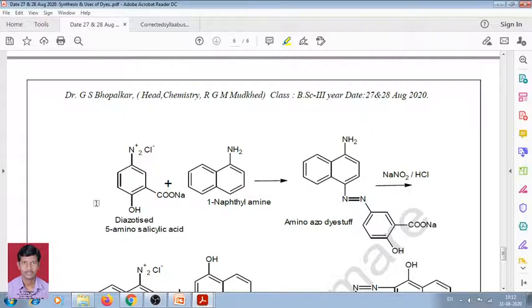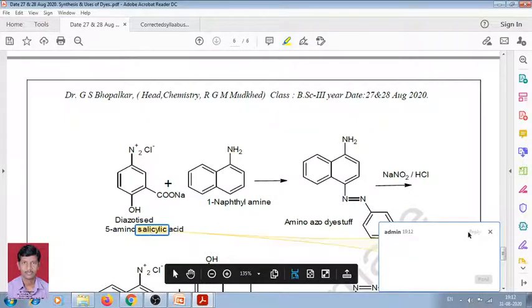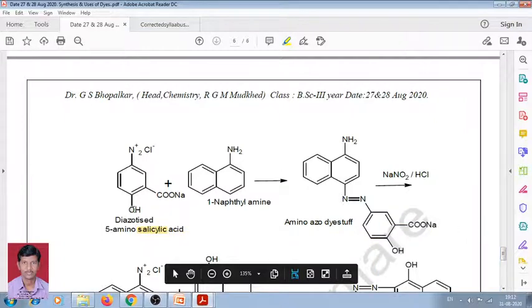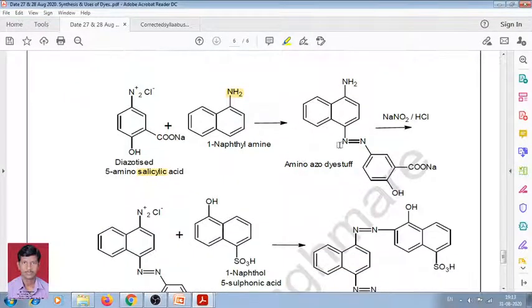Therefore, the compound is diazotized 5-amino salicylic acid, and when it is treated with 1-naphthylamine, which has an amino functional group at one position, we get an amino azo compound.